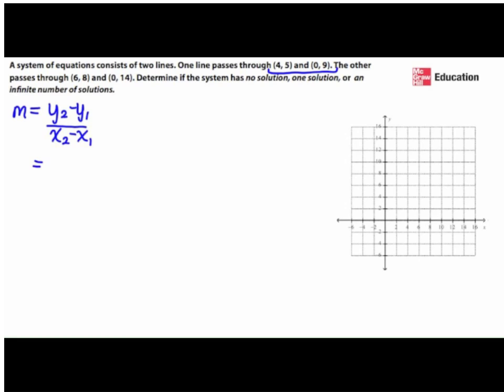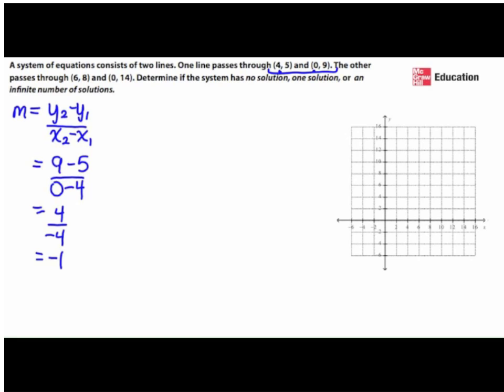So for this particular one, we have 9 minus 5 divided by 0 minus 4. So the slope is 4 divided by negative 4, which is negative 1. We can find the y-intercept for the line once we have finished writing this in slope-intercept form.